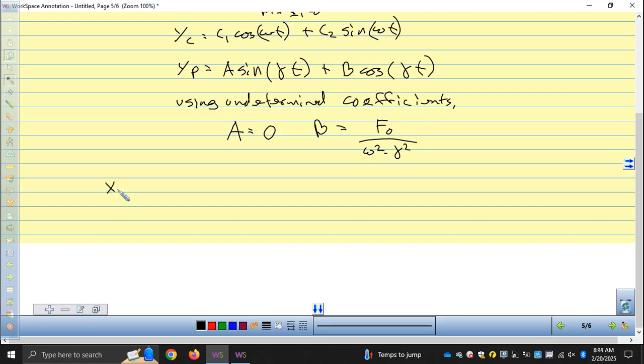So x of t is C1 cosine omega t plus C2 sine omega t plus f sub 0 over omega squared minus gamma squared times sine gamma t.